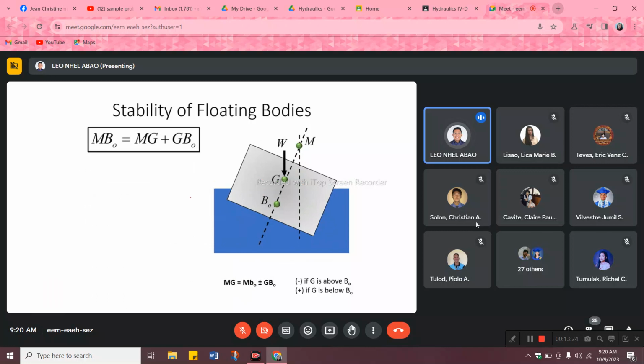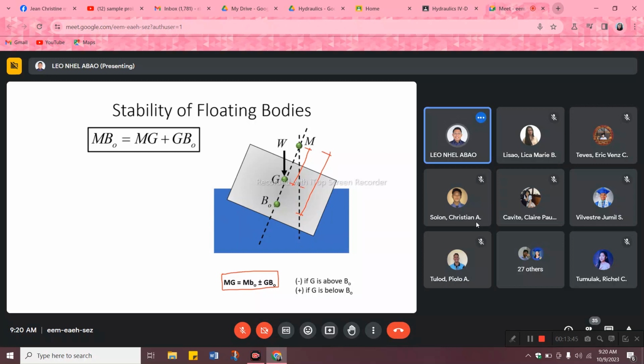Get the metacentric height. Not this formula, but the general notation is really this one: MG is equal to MBO plus or minus GBO.